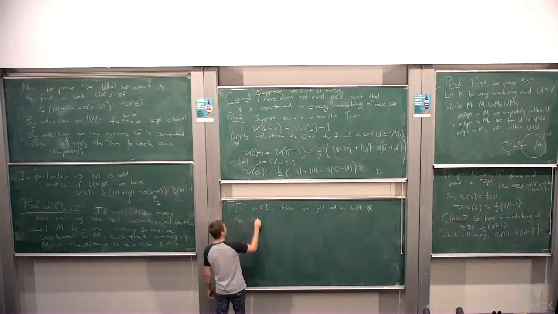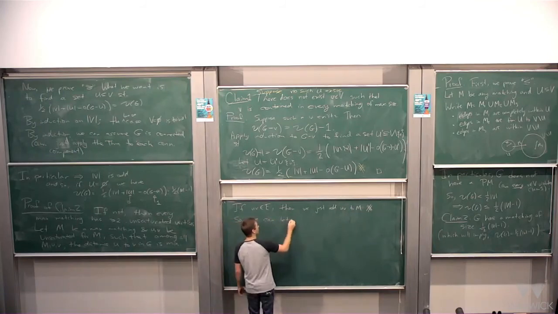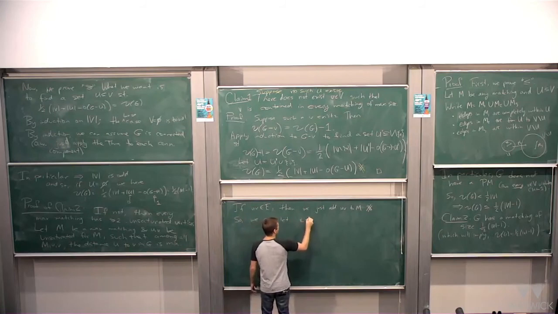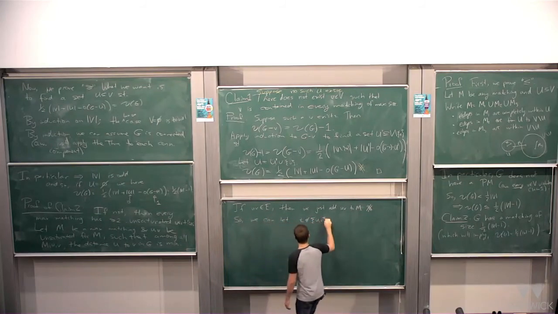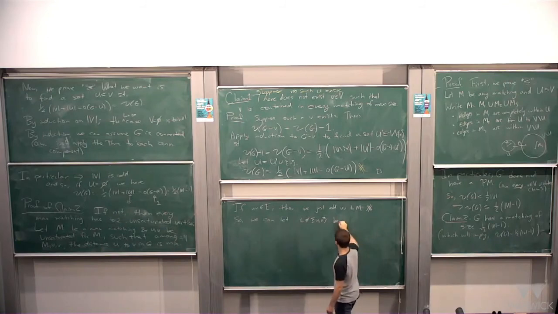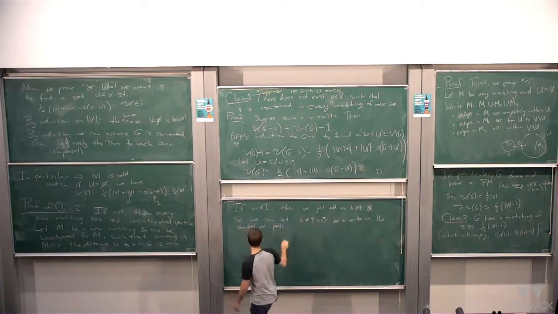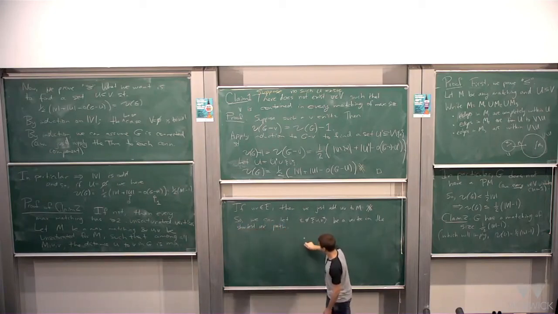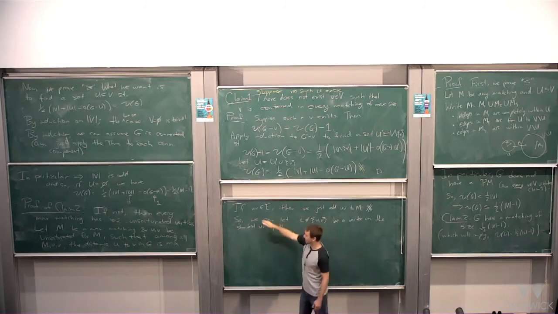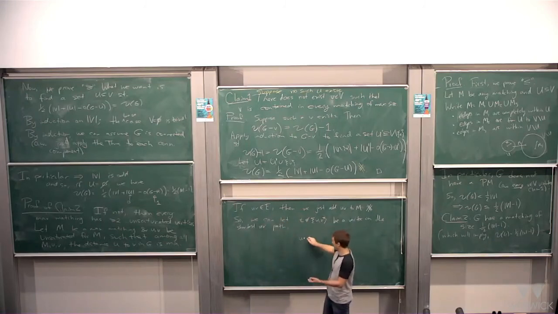So we can let T be a vertex, which is not the same as U or V, on the shortest UV path, meaning the shortest path from U to V. So yeah, we had to do this first case, because if U and V are adjacent, then there's no way to pick an internal vertex on the path between them.